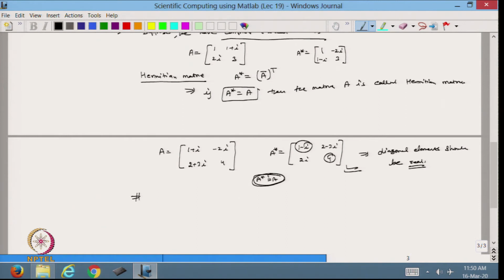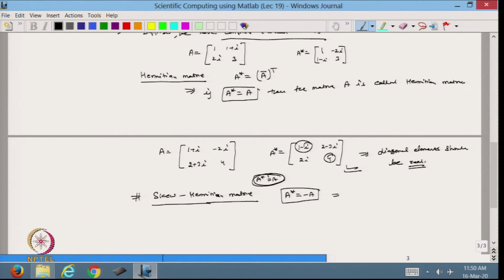The next is skew Hermitian. In the skew Hermitian the same thing is there: whenever A star is equal to minus A, then it is a skew Hermitian matrix.